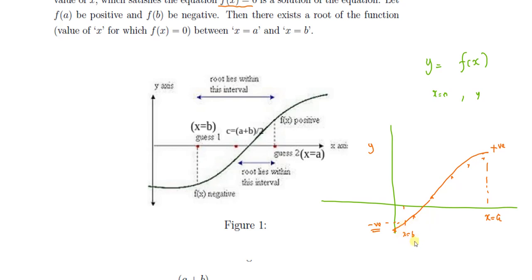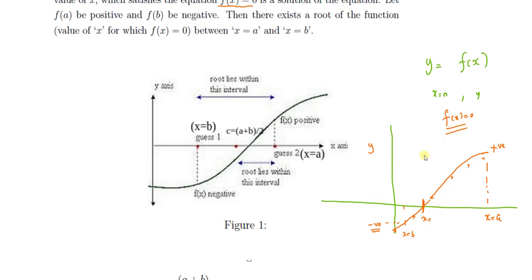Now you can be sure that for a particular value of x between a and b, f of x will be equal to 0. So you have to find this value of x. That is the solution of this particular function.